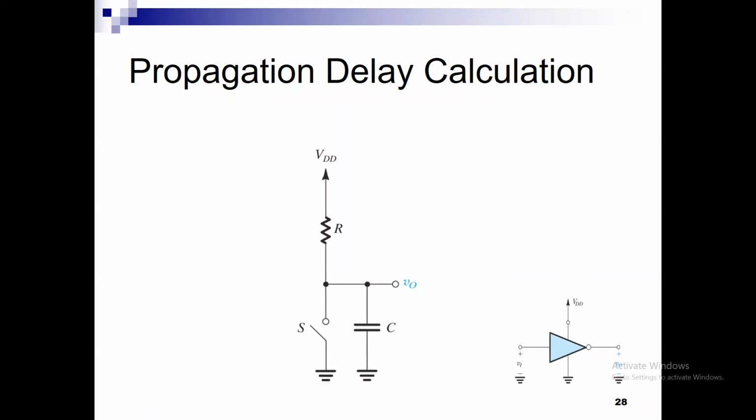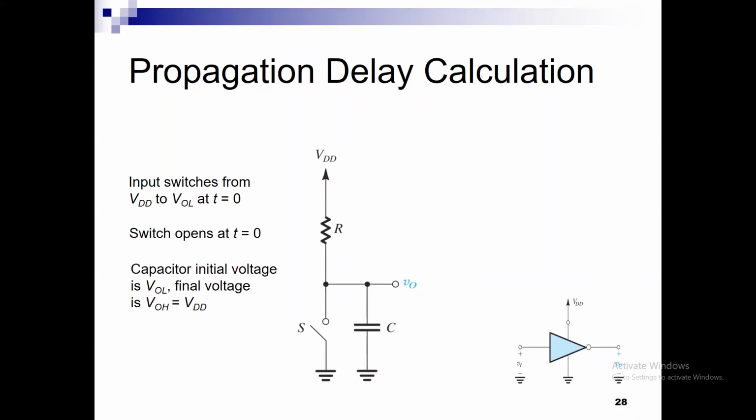Since my switch has turned off, the resistor is fully responsible for pulling up the capacitor. So I have an RC circuit. It is simple. I can find the RC time constant. This is a single time constant circuit. We know that in this case, V out is going to be equal to V final plus V init minus V final times e to the minus t over tau.